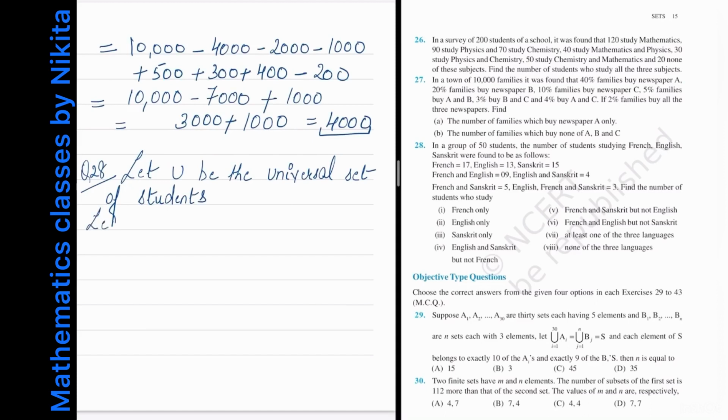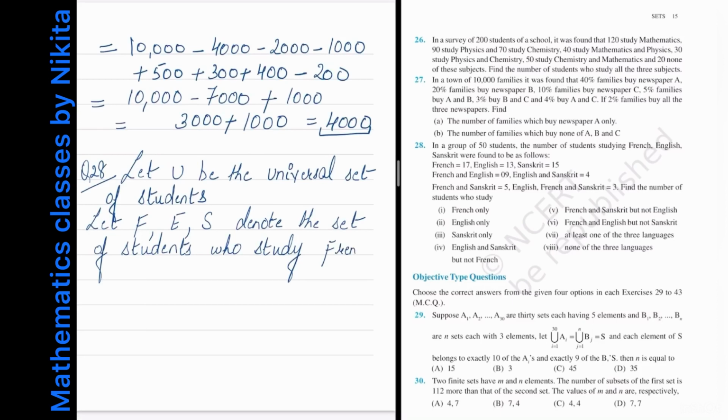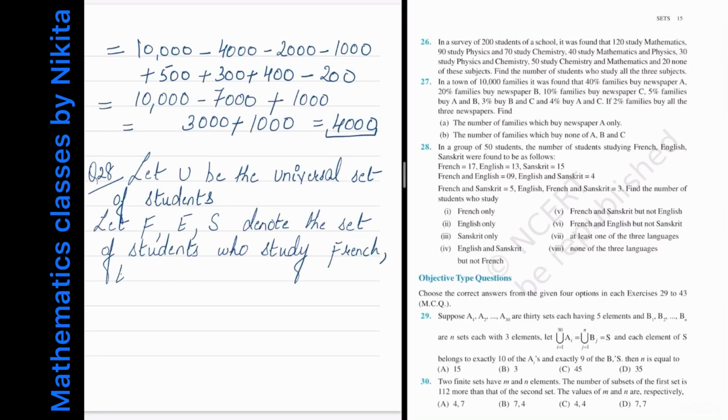So let capital F, capital E and capital S denote the set of students who study French, English and Sanskrit respectively.